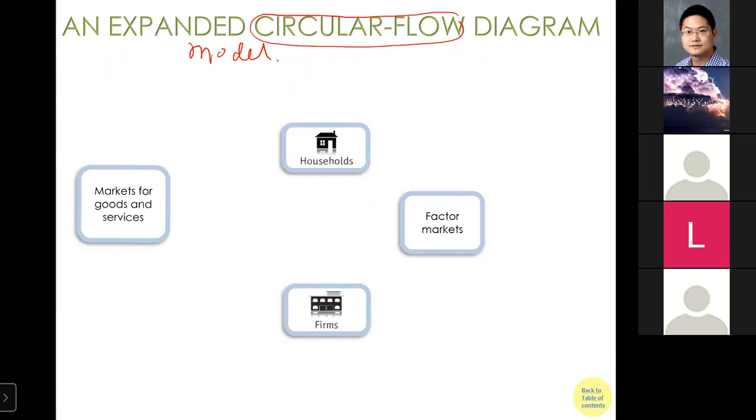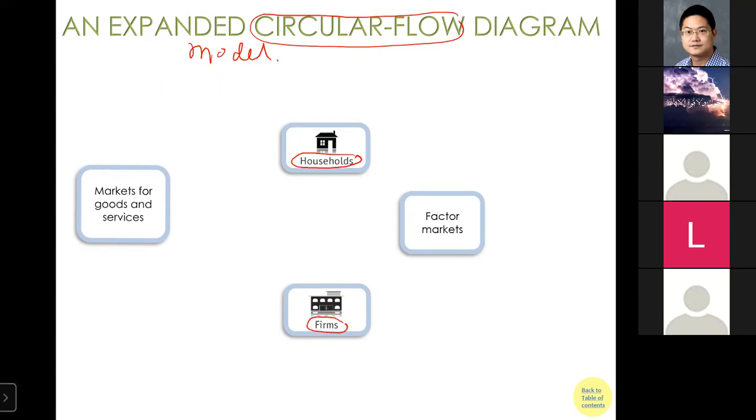Remind yourself what a model is. Earlier we defined a model as a simplified representation of a real-world situation. Similarly here, we use a simplified representation to capture our real economy. The simplest way to capture our real economy is to characterize everybody as either households or firms.